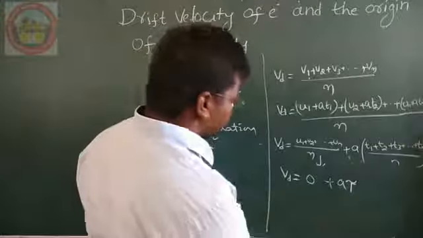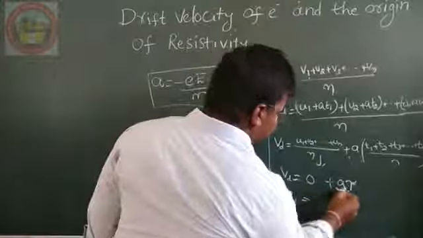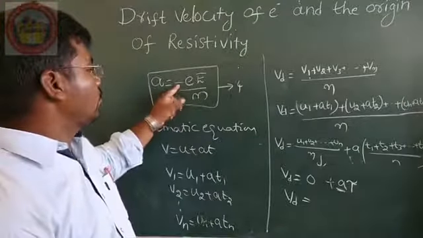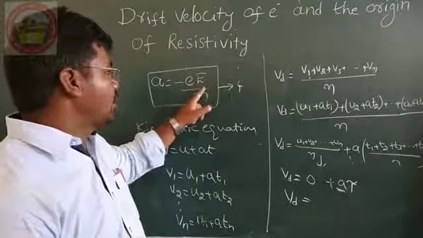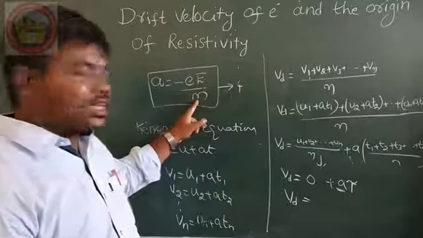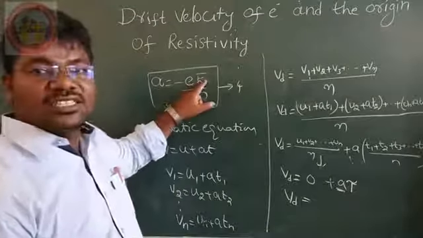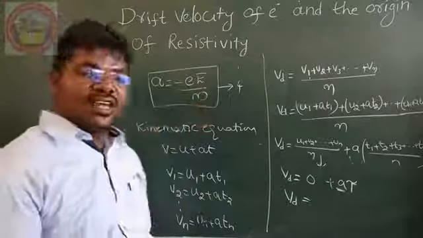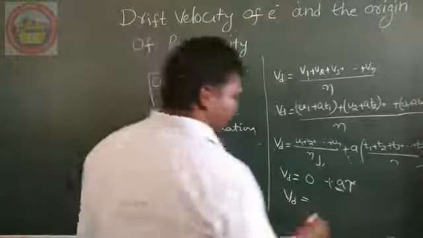So Vd is equal to, what is acceleration? a is equal to minus small e capital E divided by m. Here e means charge of electron, E is electric field, m is the mass of electron.